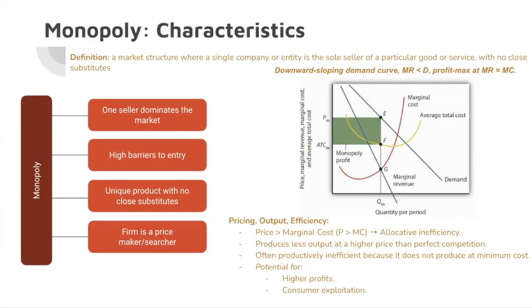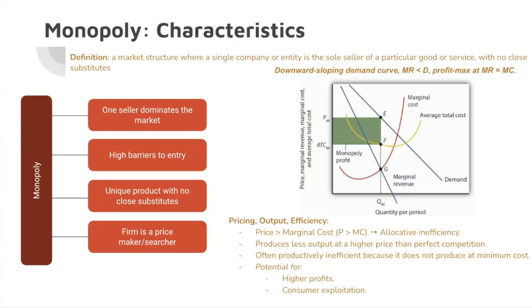Now let's examine the complete opposite. Monopoly. A monopoly exists when a single company is the sole seller of a product with no close substitutes. The defining characteristic is that one seller dominates the entire market, creating high barriers to entry that prevent competitors from entering.